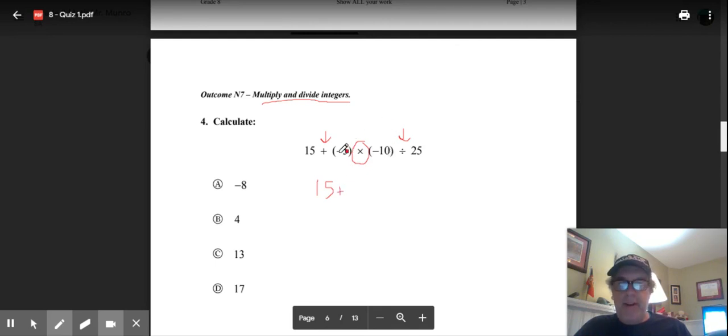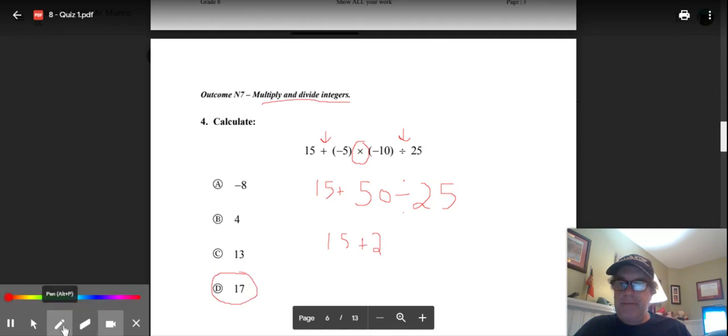I hope you remember a negative and a negative, same sign, turns to a positive. So I'm just going to write 50 divided by 25, which will get you your 2. And without showing that final step, 17.